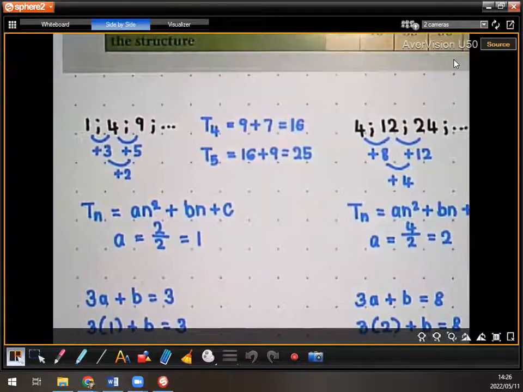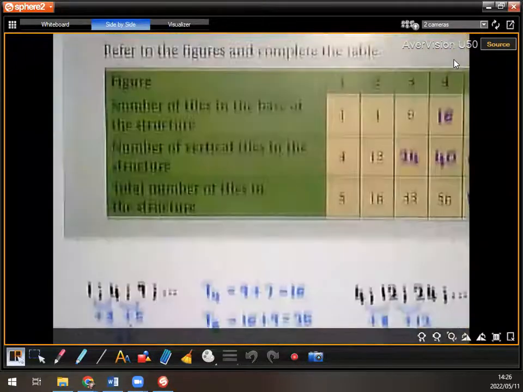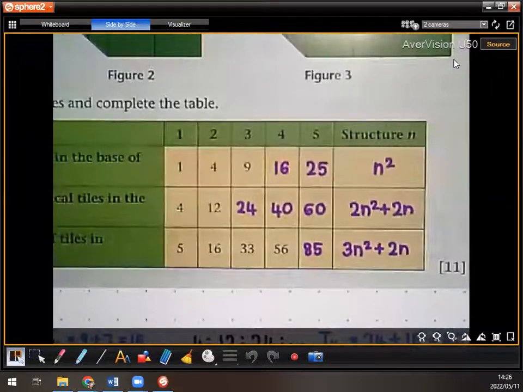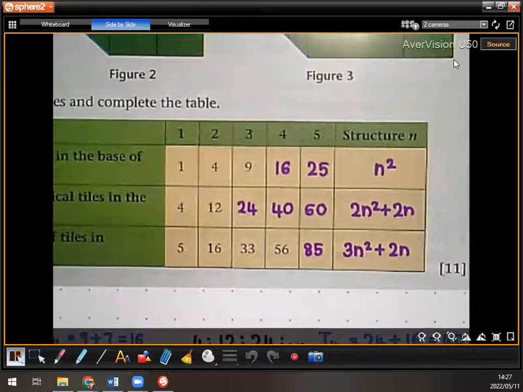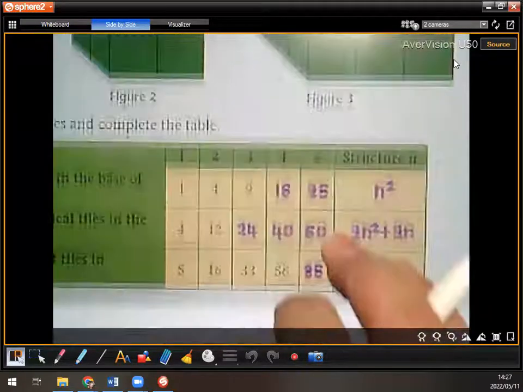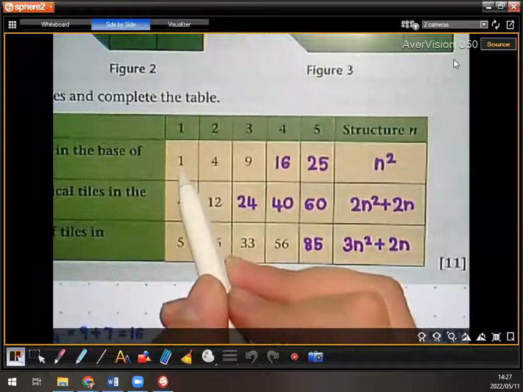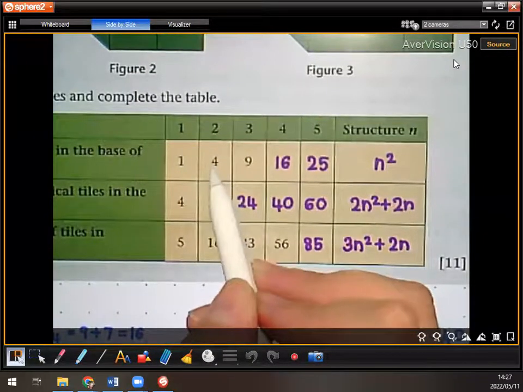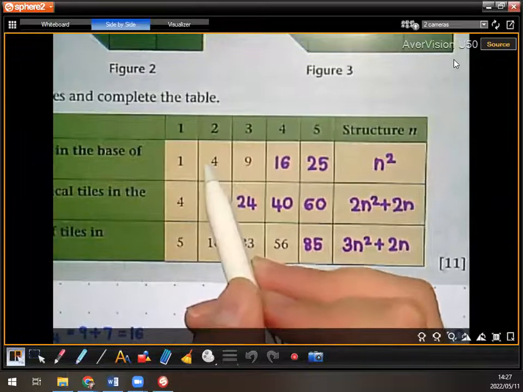Again, in this case, we kind of have to assume that it was a quadratic number pattern. But guys, I want you just to look at this number pattern now and see if we can actually find Tn by inspection, instead of doing that long calculation. For figure 1, you can see that that is 1 squared. For figure 2, 4 is 2 squared.